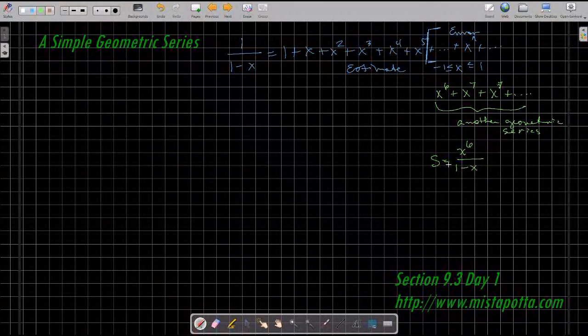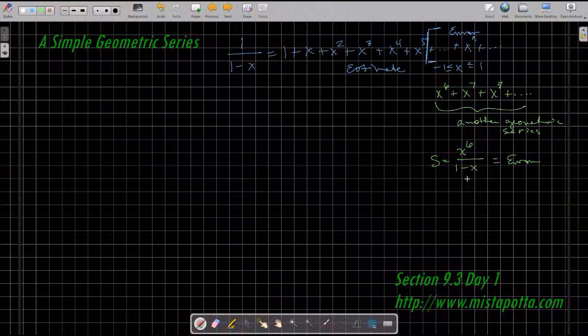In other words, this is my error. This is how far off I am by terminating at a fifth degree polynomial to estimate 1 over 1 minus x. In other words, I can come up with an exact formula that represents how far off I am.